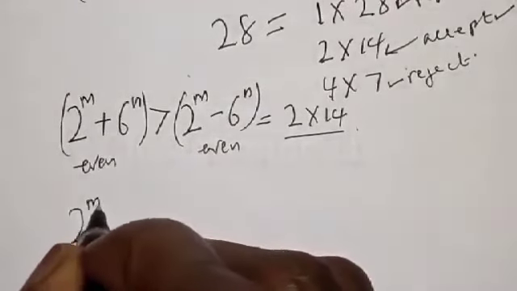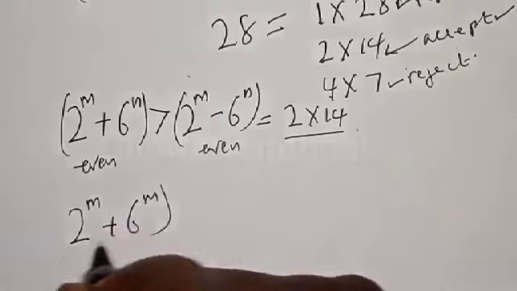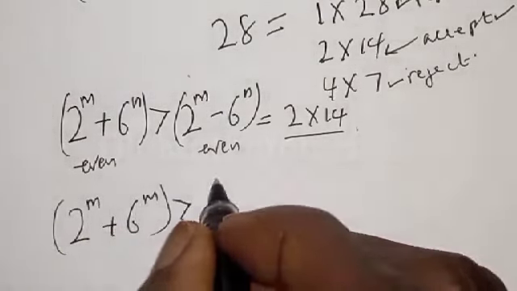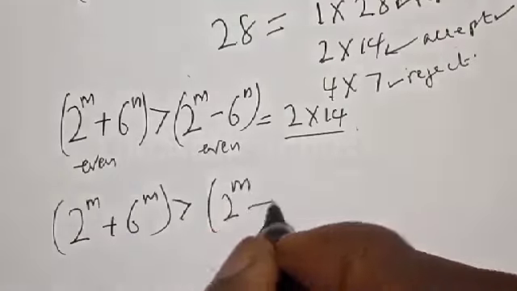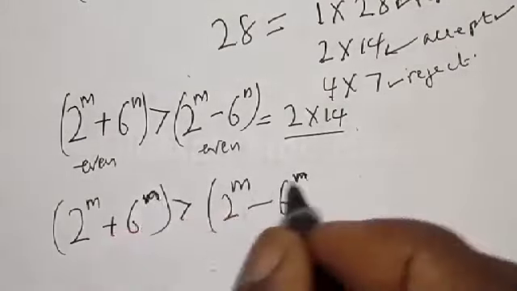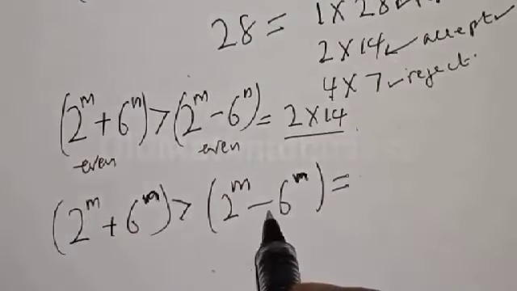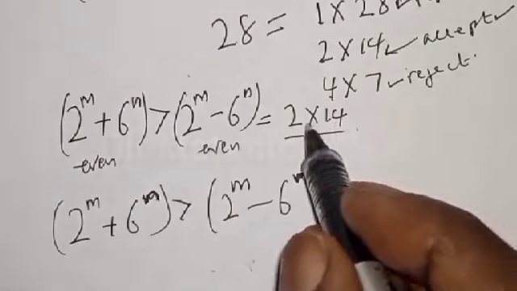Therefore, we have 2 raised to power m plus 6 raised to power n, which is greater than 2 raised to the power m minus 6 raised to the power n. Sorry, this is n. We said this one is greater than this, and 14 is also greater than 2.